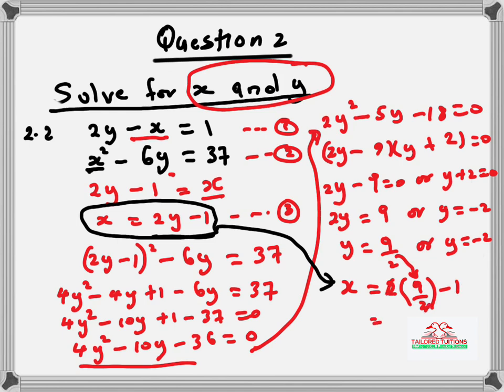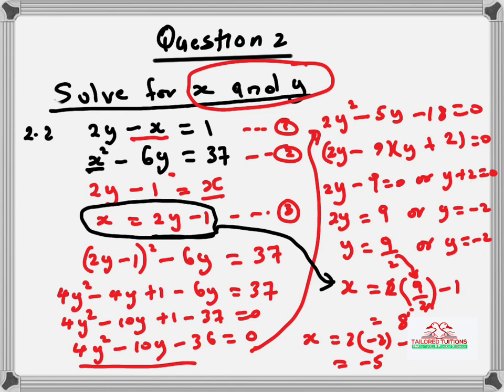So this is 9 minus 1, which is 8. Well, I'm not sure whether the space will allow me. So it's x equal to the second one. If now your y is minus 2, it will be minus 2 minus 1, and then your answer will be minus 5. So these are the x values.